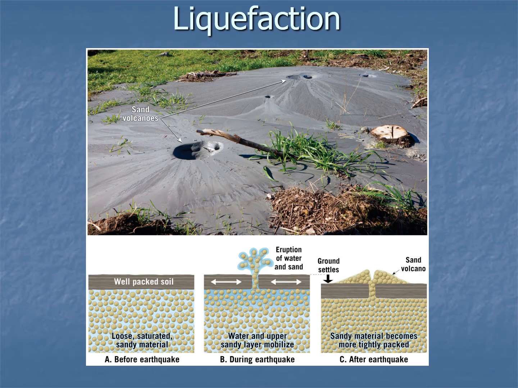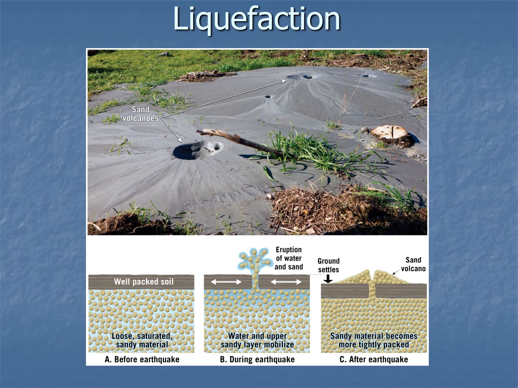So these things here that look like little shield volcanoes, I know in this image they're labeled as sand volcanoes. Some of us prefer to call them sand blows. So the drawings down below show how this happens. So you've got some well-packed soil on top, and below that you have loose, unconsolidated sand and a high water table.